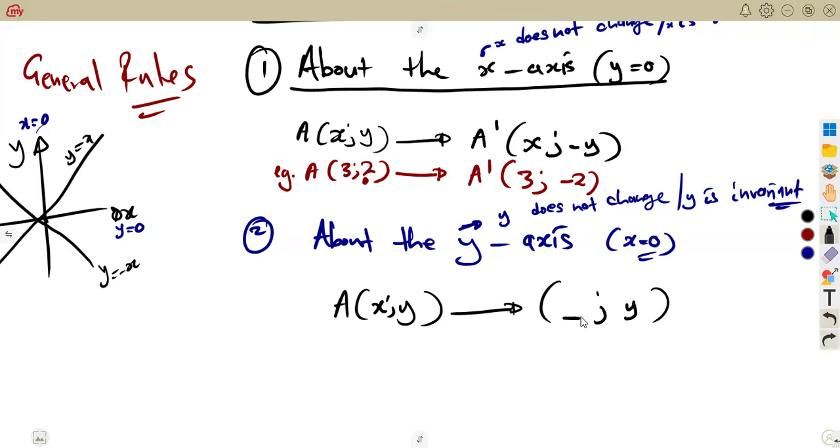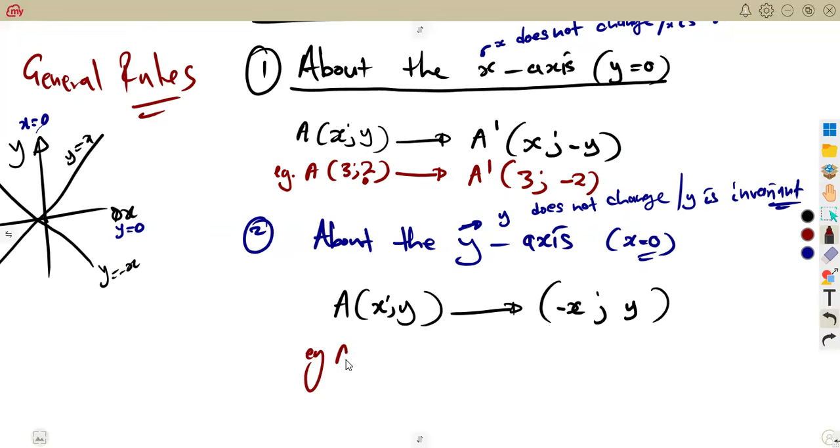It is the x which is affected. As we saw, reflection is all about a minus. If it is positive, it will change to a minus. That's the part of reflection, guys. If x is positive, to its image you have it as negative. This is about the y-axis.